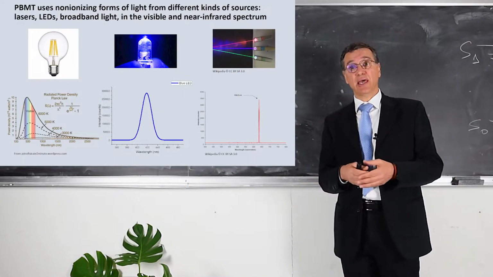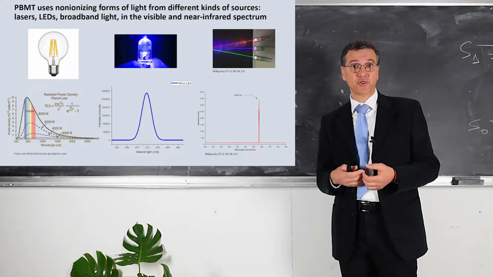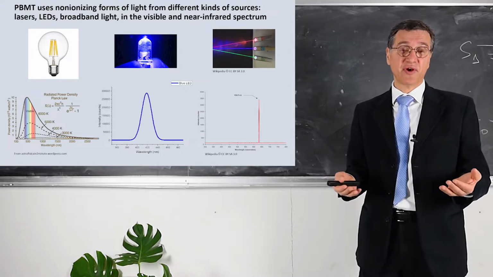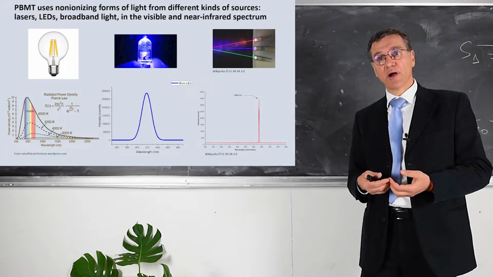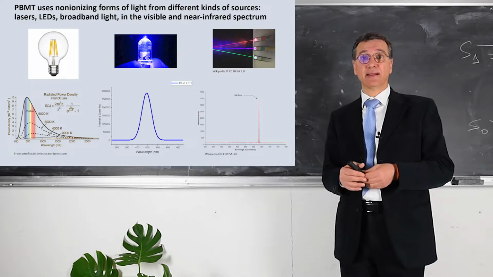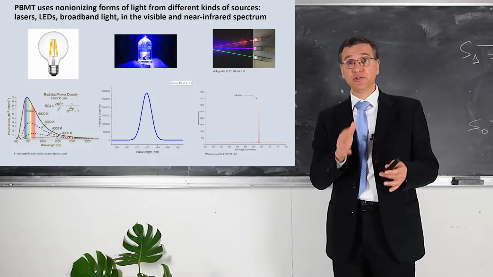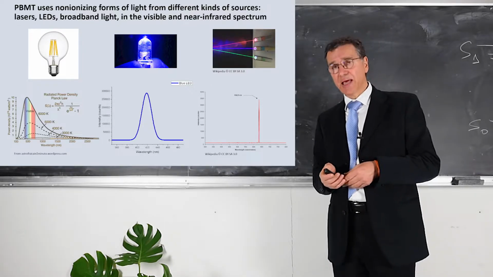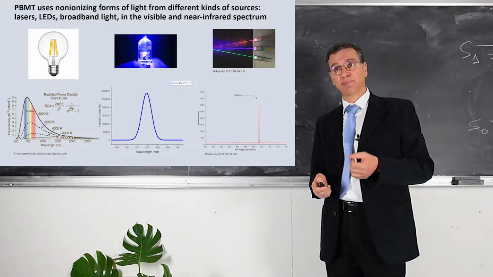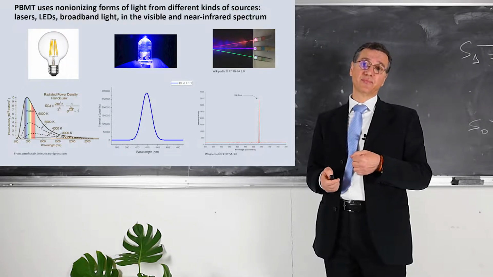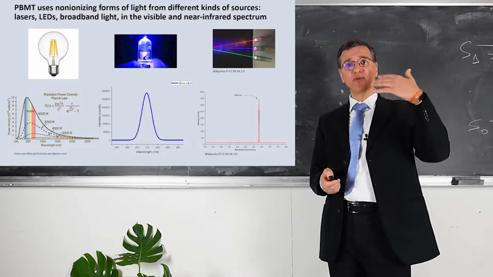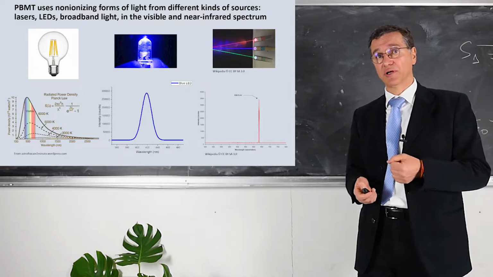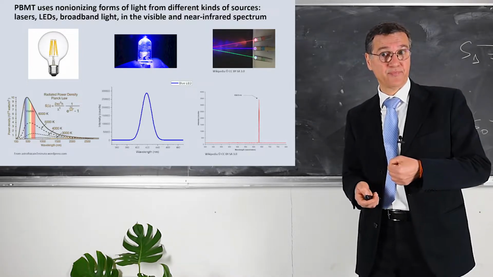We can use a simple white lamp, which has a black body emission that is very common, where we have mostly the light centered into a frequency which depends on the temperature. Then we have a more monochromatic light produced by an LED. And if we want to push even more the monochromaticity of the light, we can move to laser emission.